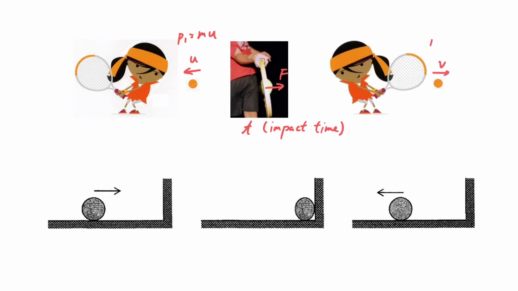This is the time t, and the ball flies back with velocity v afterward. So we will have the change of momentum and also the time. If we consider a ball thrown to a wall and rebounding from the wall, the wall will provide a force to it during the time t.